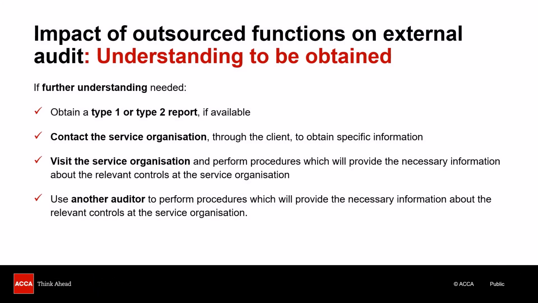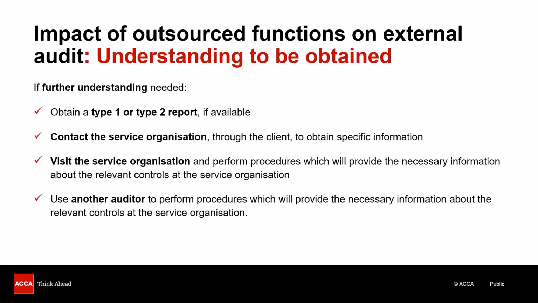If we are not able to gather sufficient understanding from our own client, we will need to carry out additional procedures. So we were trying to understand exactly what's happening, but we're not happy with the information we have up till now. So additionally, we can get a type 1 or type 2 report from the service auditors.